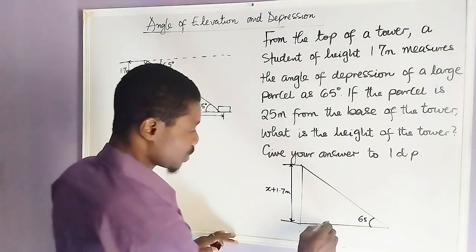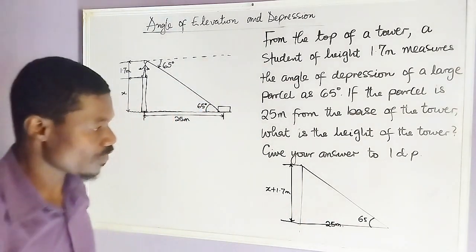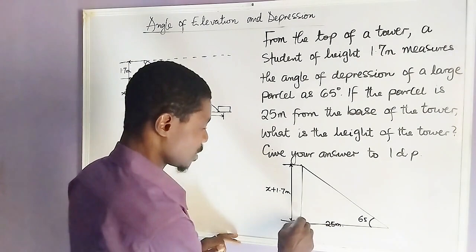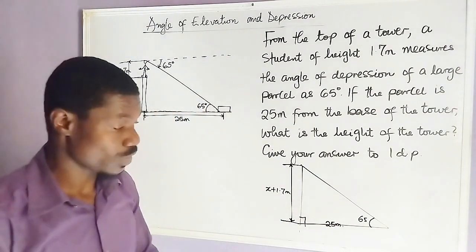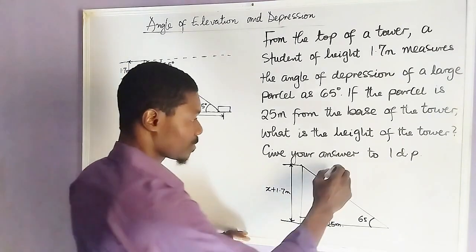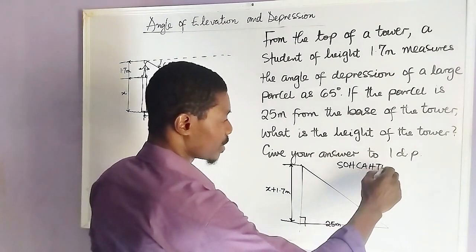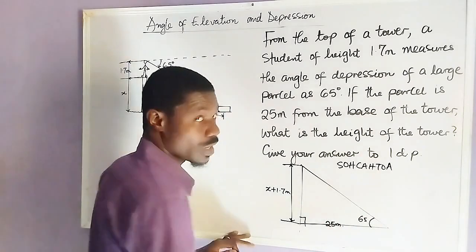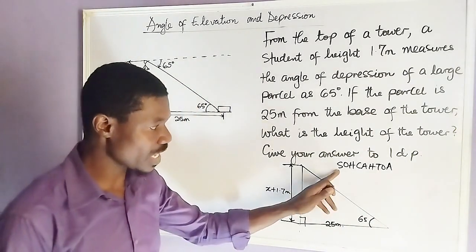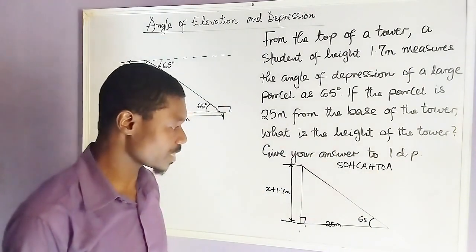And here is what? 25 meters. Here is 90 degrees. With this, we can employ SOHCAHTOA, that is the sine, the cos, and the tan. SOHCAHTOA, where S is the sine, C is the cos theta, and T is the tan theta.